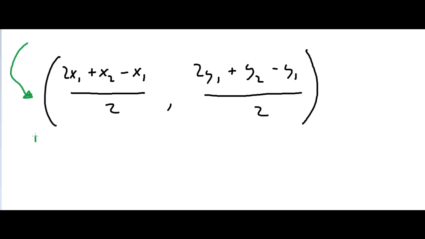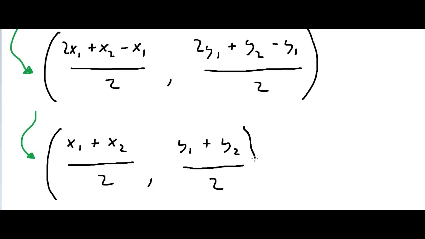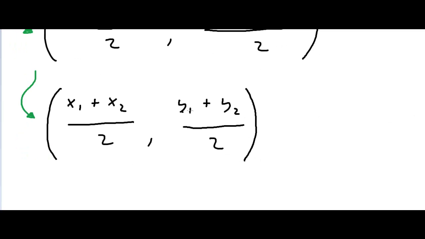And if we simplify these coordinates further, we get x1 plus x2 over 2, y1 plus y2 over 2. And this is the midpoint formula.